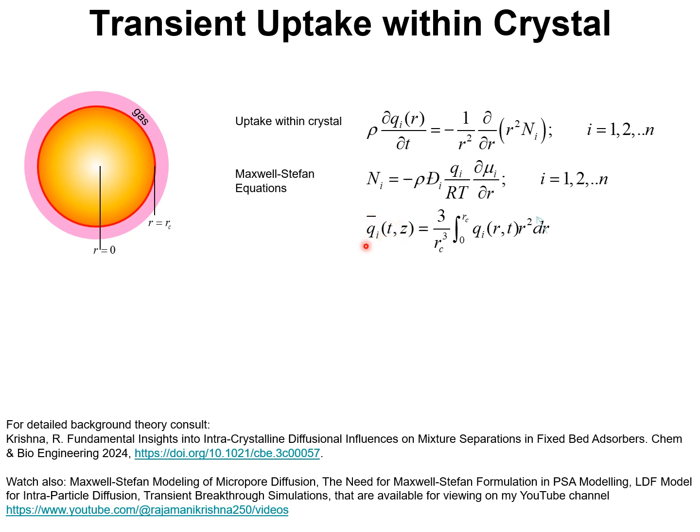This information is then combined with the differential equations describing the variations of concentration along the fixed bed adsorber to simulate transient breakthroughs and productivities of kinetic separations. All of the details are provided in my 2024 paper and several other previous publications that are listed in these video presentations.